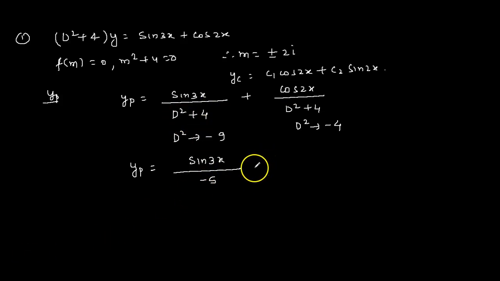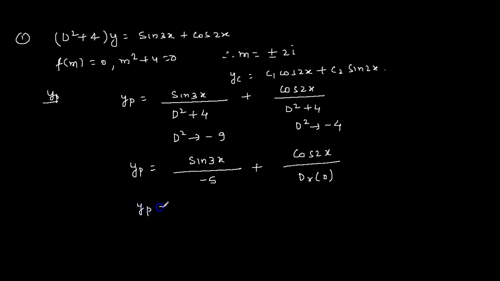See here. So sin 3x by D square plus 4: D square replaced with minus 9, because a is 3 here. So minus 9 plus 4 is minus 5. For the other, D square replaced with minus a square, a is 2 here, so minus 4. So if you replace here, the denominator will be 0.